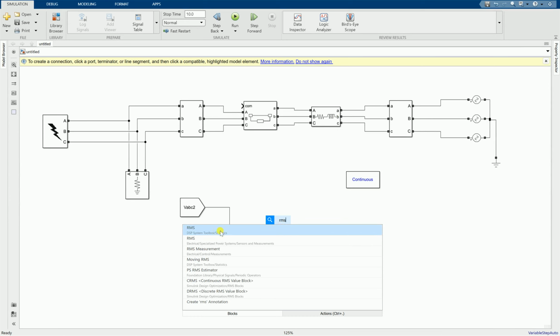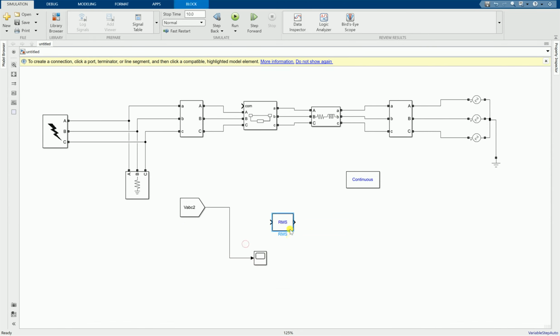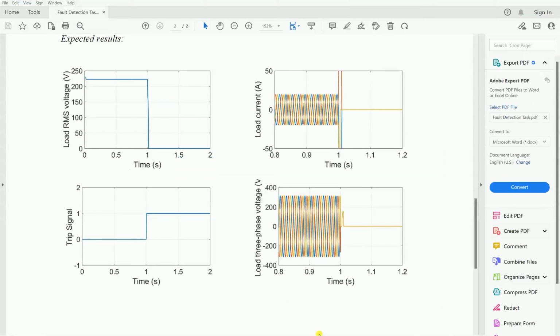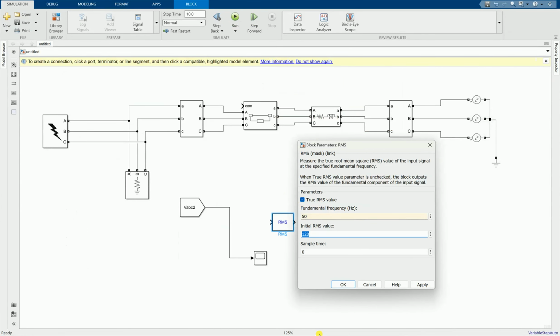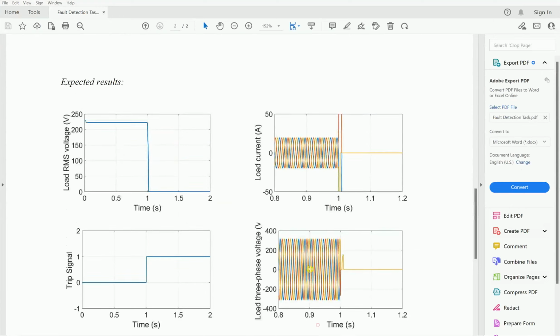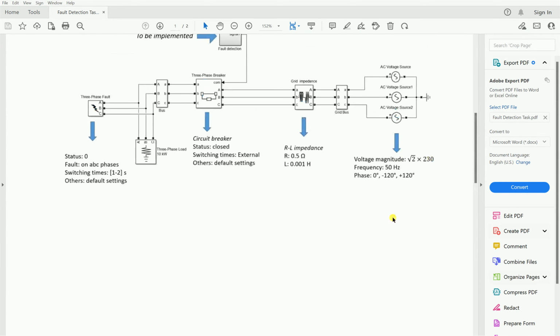Not this one, but this one: Electrical, Specialized Power Systems, Sensors and Measurements, the RMS block. What is the frequency? 50 hertz. What is the initial RMS value? Our RMS value is 230 volt.